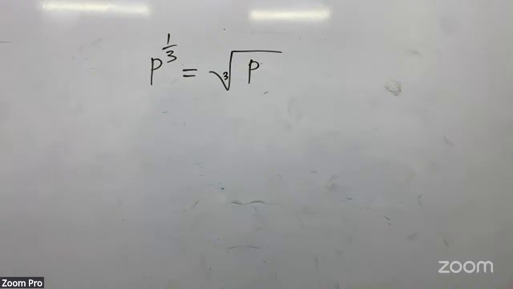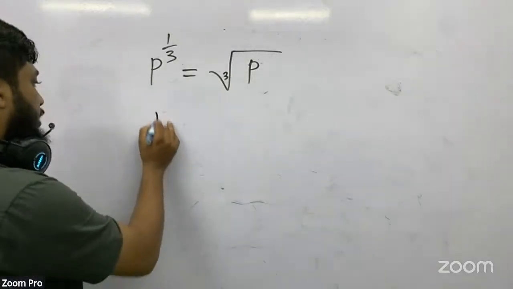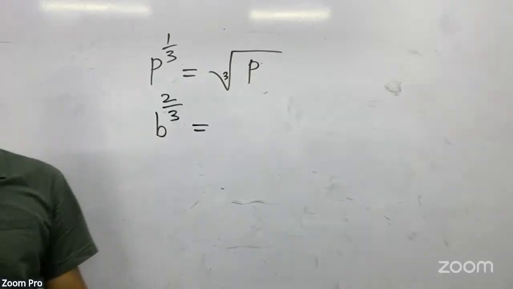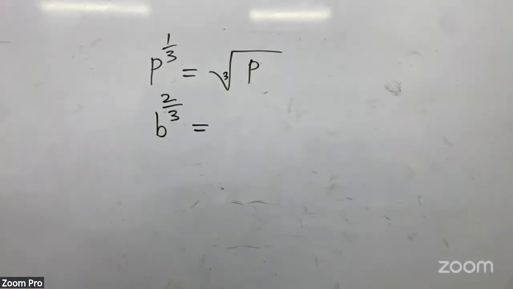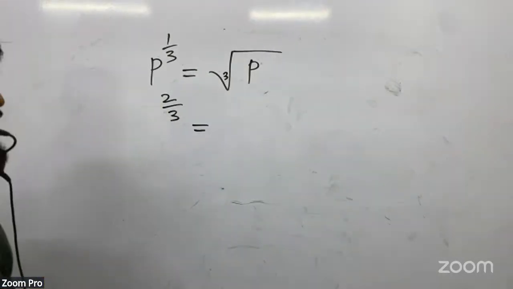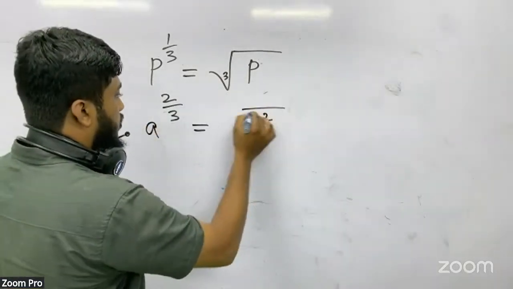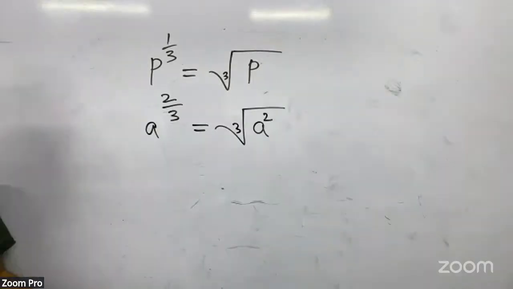Then B to the power 2 over 3. What is B to the power 2? A to the power 2 over 3. Then A to the power 2 over 3 means how will you write? A to the power 2 should be inside the 3 hook.